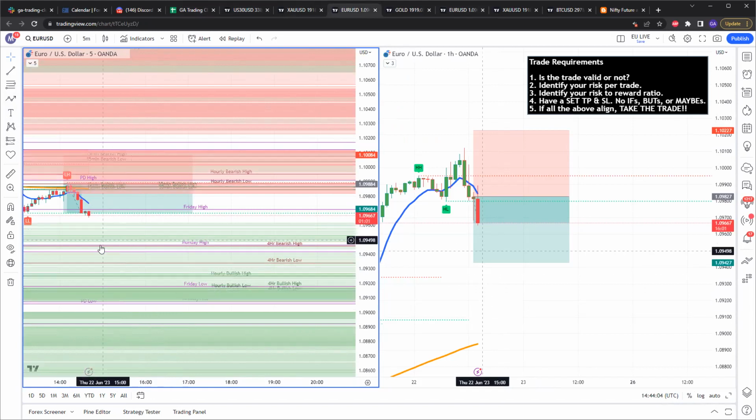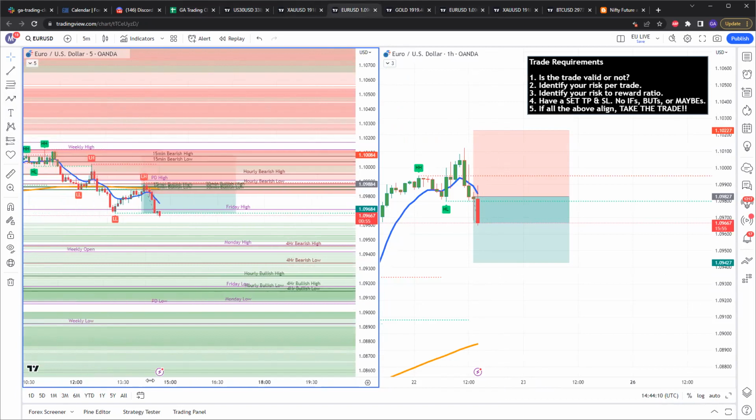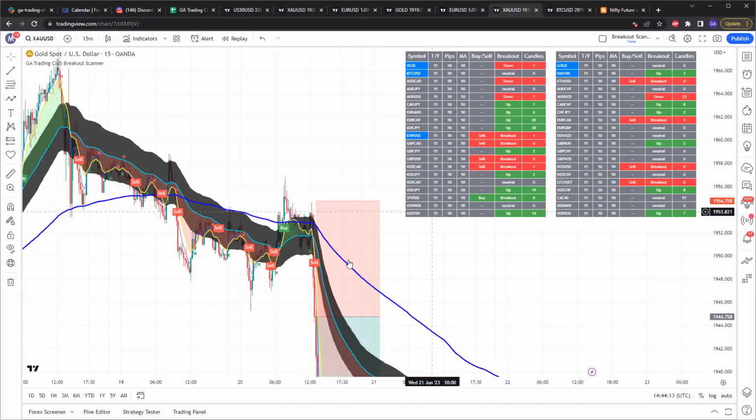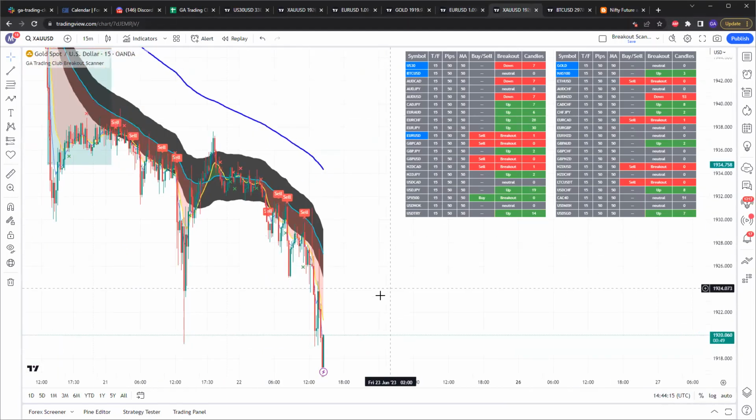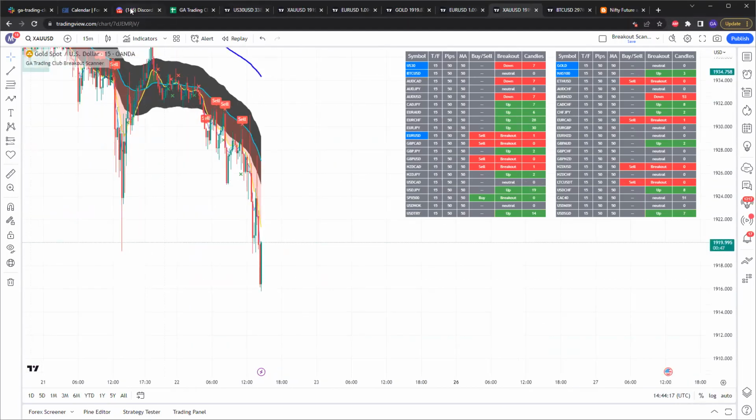So that would give us like 300 pips. For me, that would be a good 200 pip sell on EU. So the first sell on EU on the crosses indicator is a nice, highly probable entry. But after that, don't try to take the others, because the others would be around the hourly bullish zone.